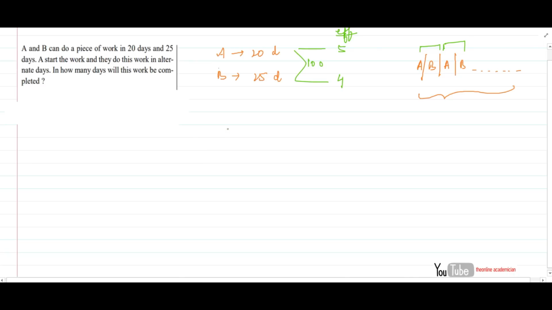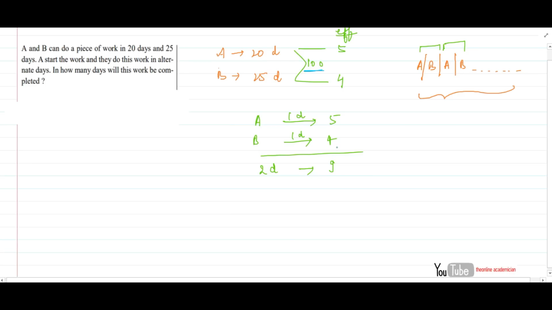Now we know A in one day does 5 units of work. B in one day does 4 units of work. So in 2 days the work will be 9 units. And we know the total work is 100.